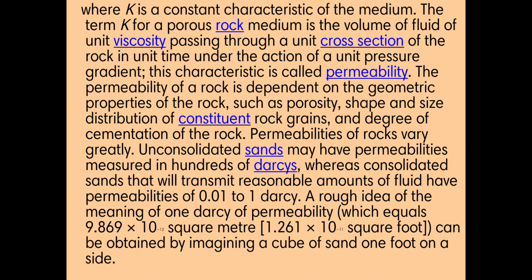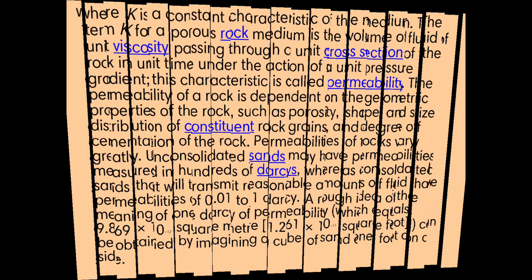A rough idea of the meaning of 1 Darcy of permeability, which equals 9.869 × 10^-13 square meter, can be obtained by imagining a cube of sand 1 foot on a side.